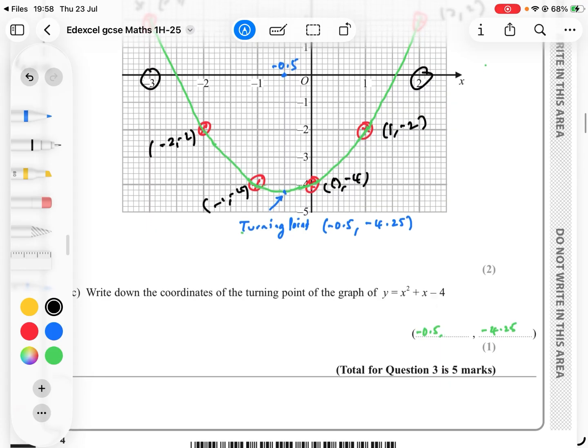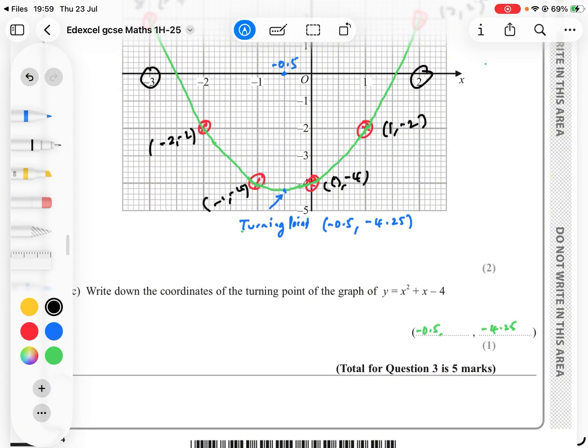We've done that. Part C: write down the coordinates of the turning point of the graph. You can see clearly this is your turning point. Roughly, approximately minus 0.5, minus 4.5. That's the answer. Thank you.